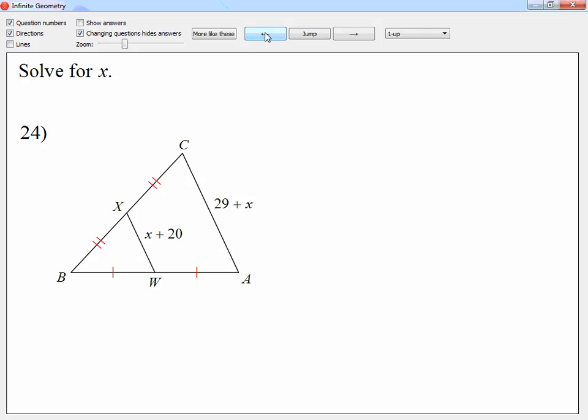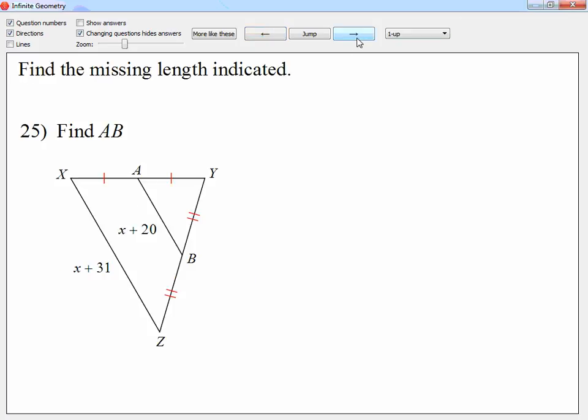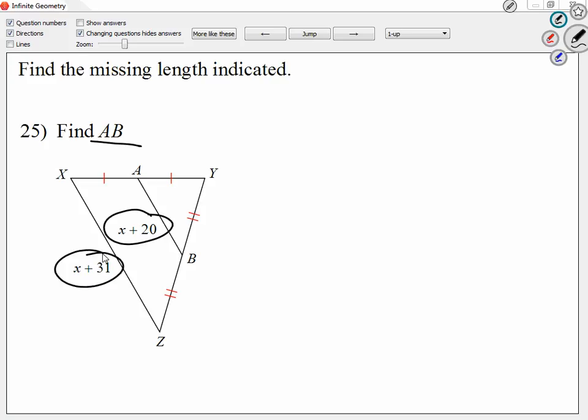No? Alright, so for 25, find the missing length indicated. We need to find out AB. Before we find AB, let's solve for x, kind of like we did the previous question. I noticed that x plus 20 and x plus 31 are parallel. And I know x plus 20 is half of x plus 31.